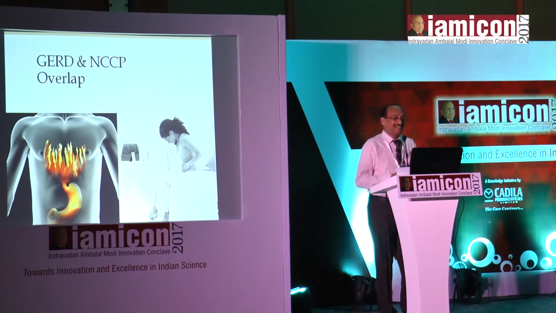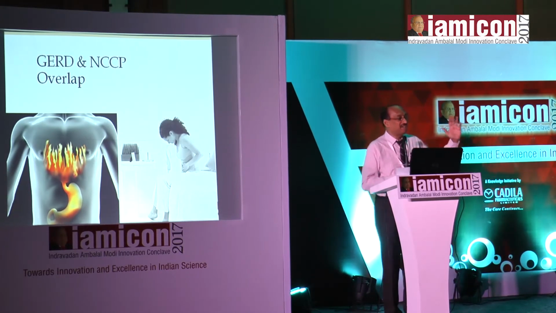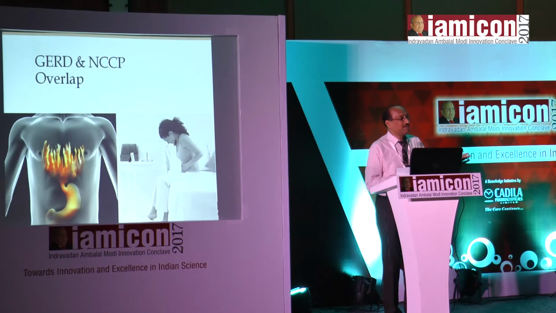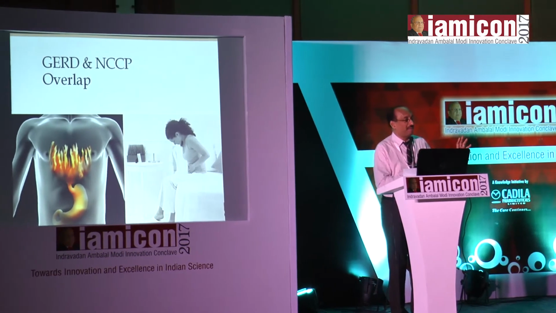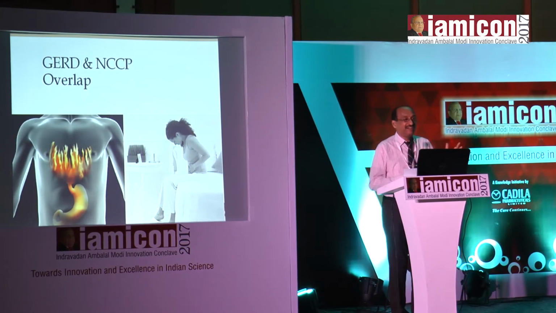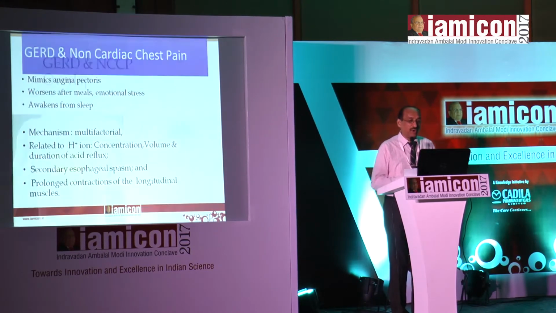One of the commonest things that we encounter is non-cardiac chest pain. If you take 100 cases who come with chest pain, not every time it's going to be cardiac. But nevertheless, the weightage should be given to rule out a cardiac problem like a heart attack, because that will be life-threatening, whereas the GI can come a little later on.